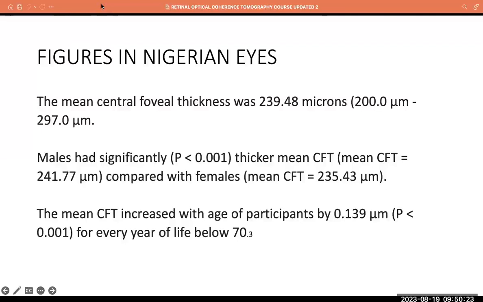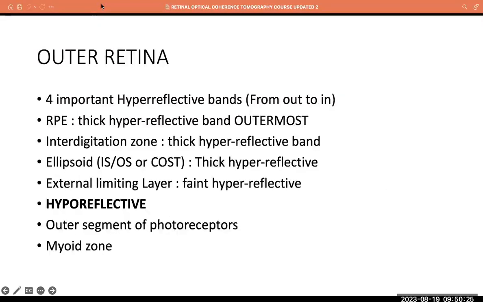Okay, next slide. I want to describe the outer retina so that when you see it, you know what to look out for. For the outer retina, there are 4 hyper reflective bands. Hyper reflective, the word is reflection, okay? And there are 2 hypo reflective bands.